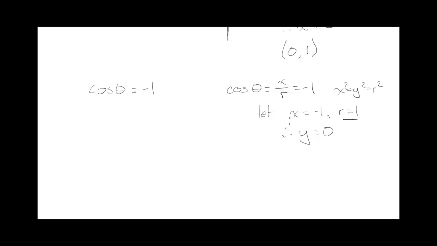So the point on the terminal arm would be minus 1, 0. That's right here. So this is the terminal arm. This is the angle from the positive x-axis to the negative x-axis. So the angle is half a rotation. Therefore, it is pi.